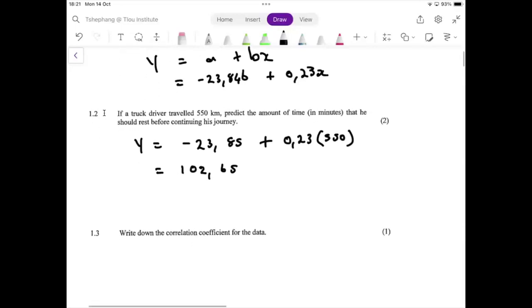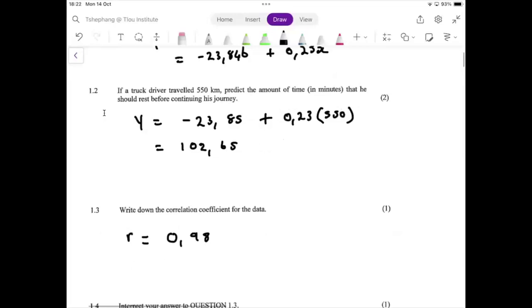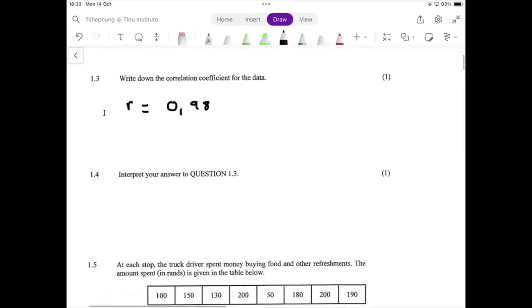Now write down the correlation coefficient for the data. We know the correlation coefficient is R. This we get on our calculators, and your calculator should give you 0,98. And you get a mark for that. Now interpret your answer to question 1.3.